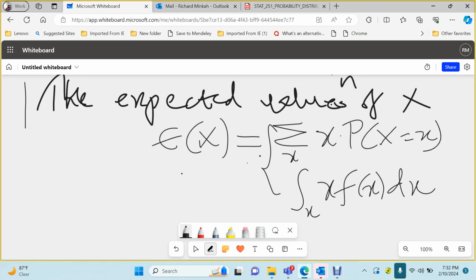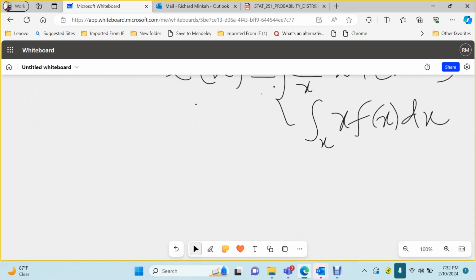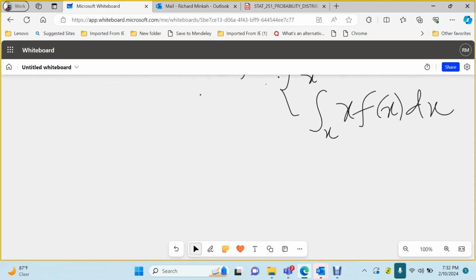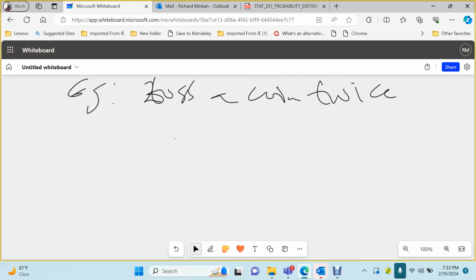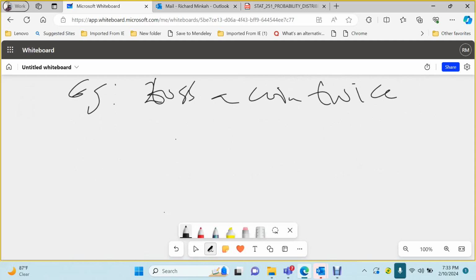So the first example, we go back to the toss of a coin, right? Toss a coin twice. We know the distribution of the discrete case, and we'll be using this example over and over again.